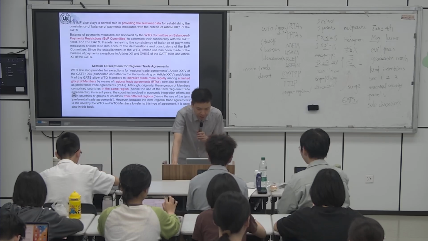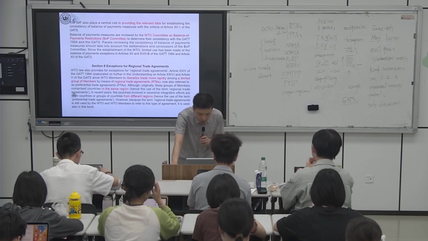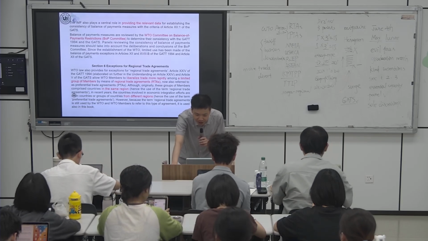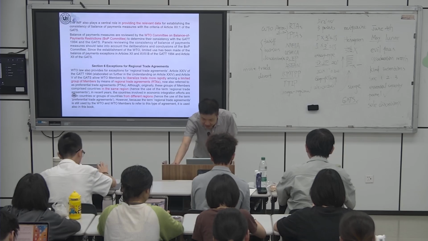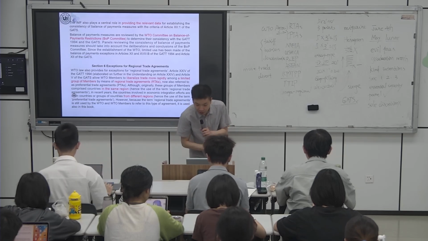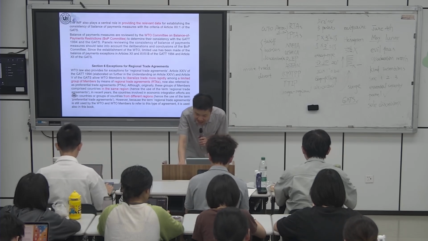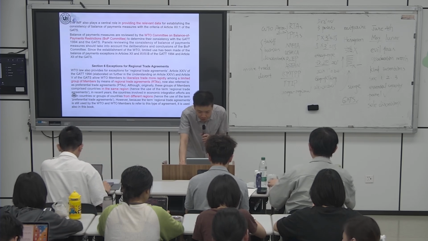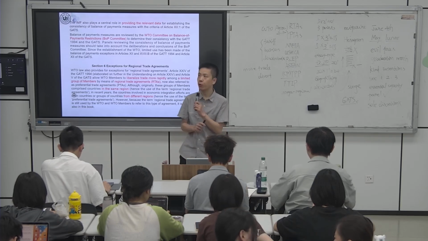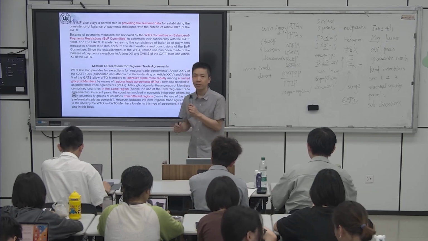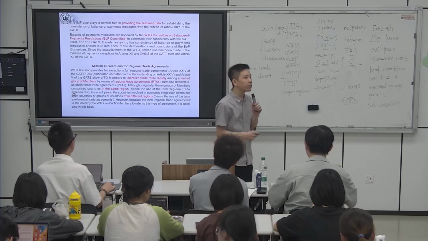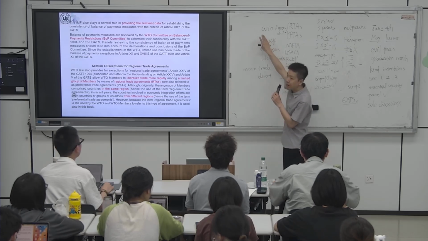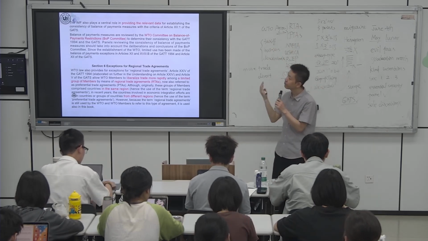Under what circumstances or requirements can a measure otherwise inconsistent with the RTAs, with the GATT 1994 be justified under Article 24.5 of GATT 1994? To put it another way, what are the requirements for the members to establish an RTA?